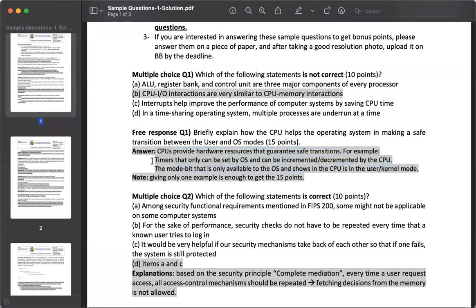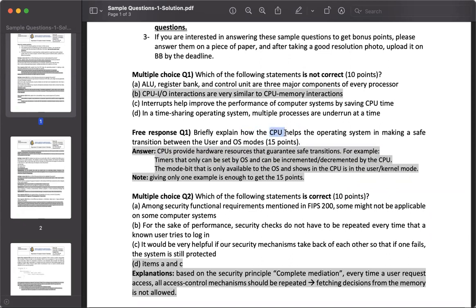So if you point to at least one hardware, because here the question says how the CPU helps. When we say CPU, it means what are the resources or what are the facilities inside your CPU that CPU can help for context switch.